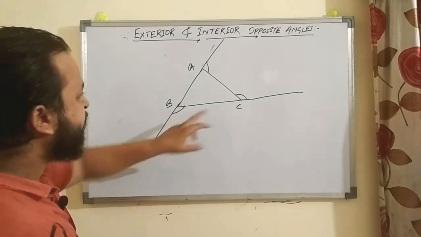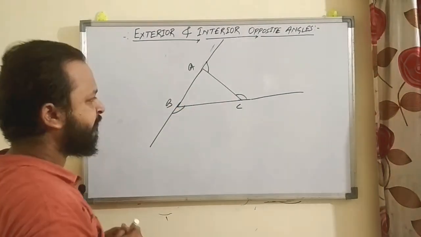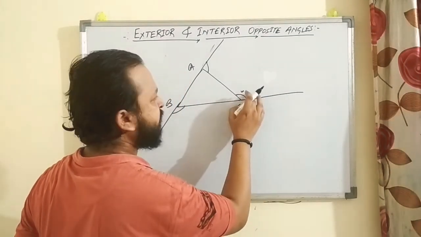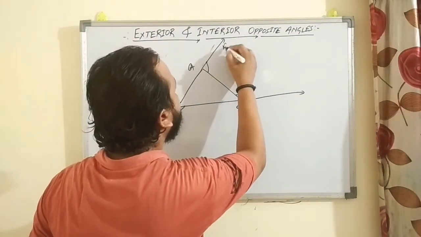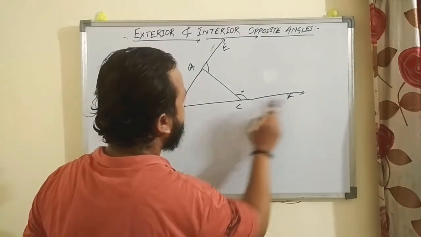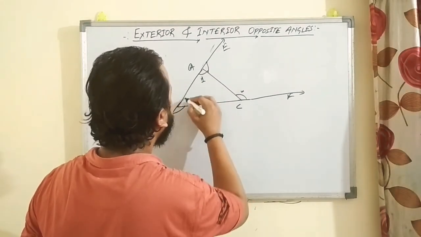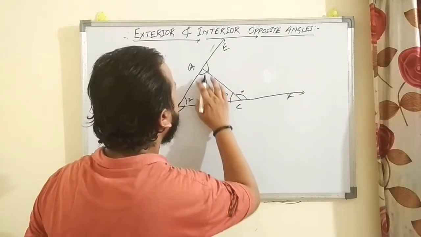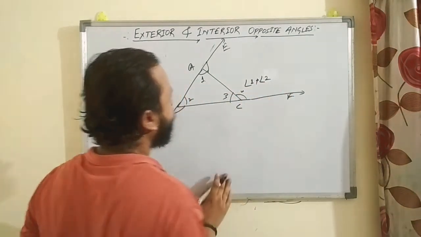So these are the exterior angles, and you know that these are the interior angles, right? So the value of this angle, suppose we are talking about this angle C, if we name them E, F and G. If you are talking about ACF, the value of this is equal to, if we name them angle 1, 2 and 3, the value of this is equal to angle 1 plus angle 2.